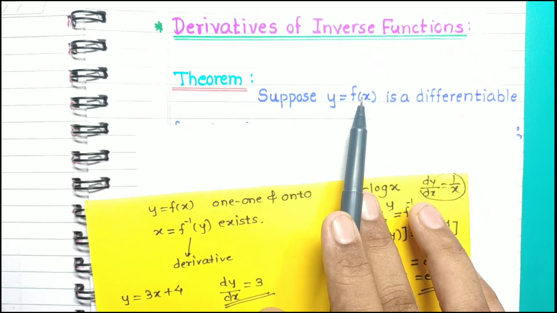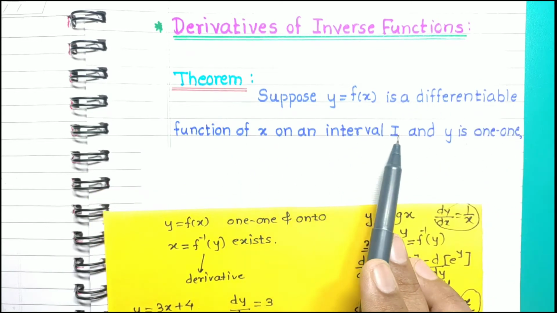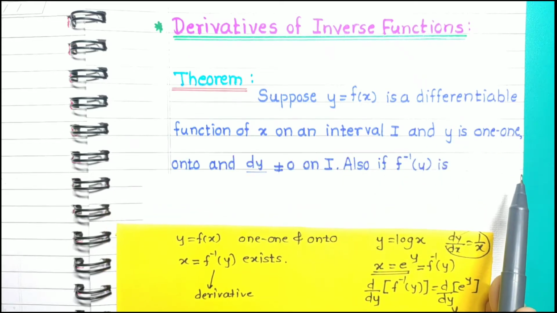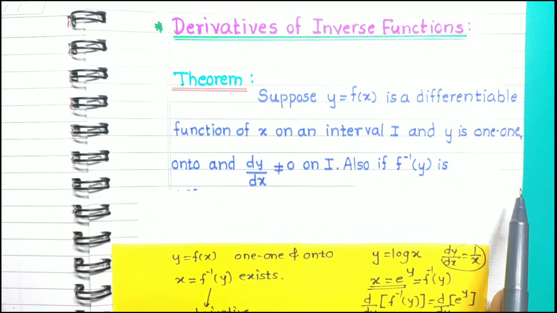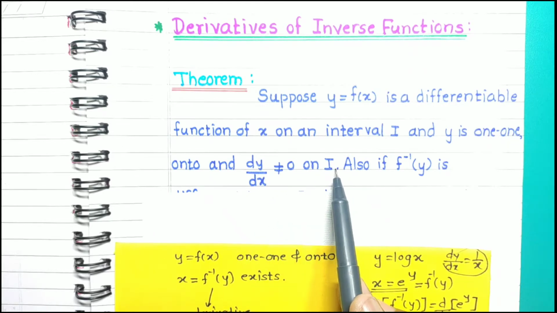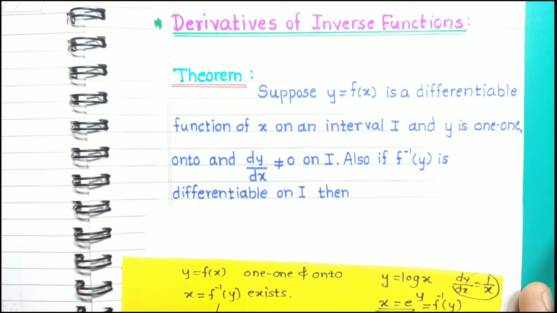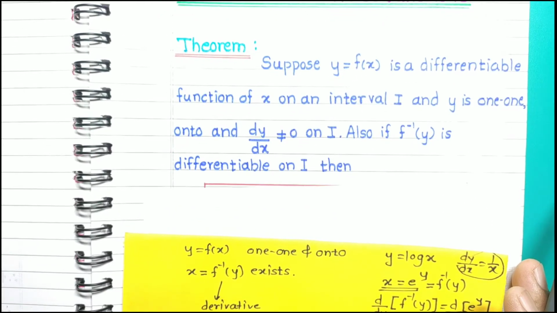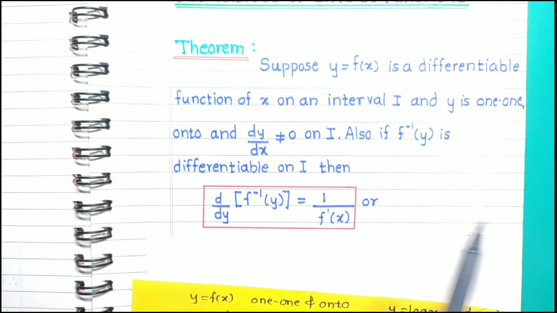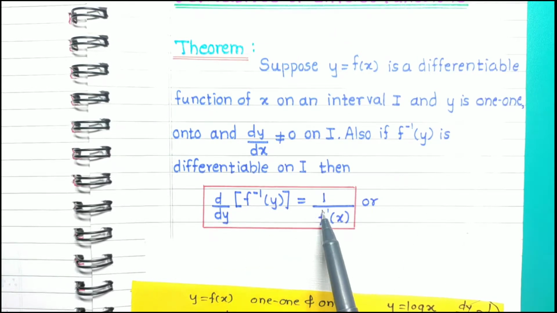Suppose y is equal to f of x is a differentiable function on an interval I, and y is 1-1 and onto, and dy by dx is non-zero on that interval. Also, if f inverse of y is differentiable on I, then the derivative of f inverse of y is 1 upon f dash of x.